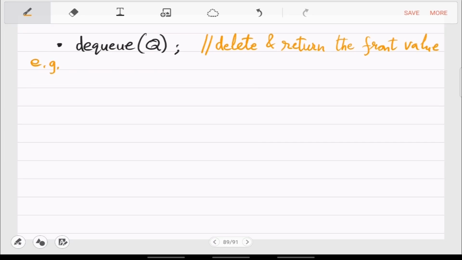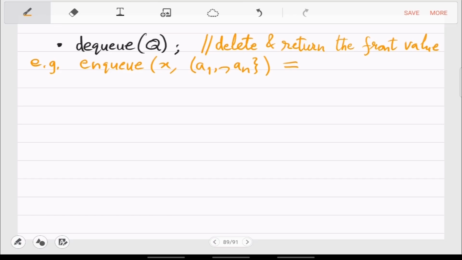Let's say you do enqueue X in the queue. This is the front, this notation we can use for rear. So what will this give you? Like the stack, this parenthesis I use for the front or top, and the brace I use for the rear of the queue.